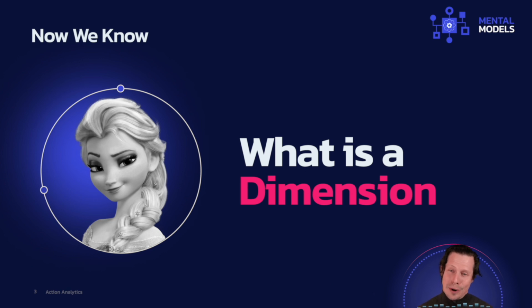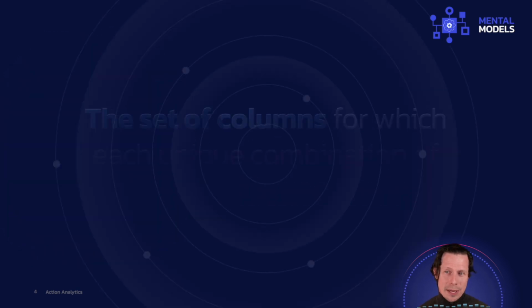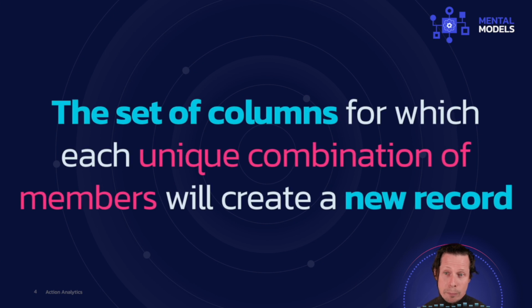Thanks to our mental model number 4, which we covered last time, we know very securely what is a dimension. What do we mean by this word dimension, specifically inside of Tableau? What's happening when we treat a given pill or a column of data as a dimension?